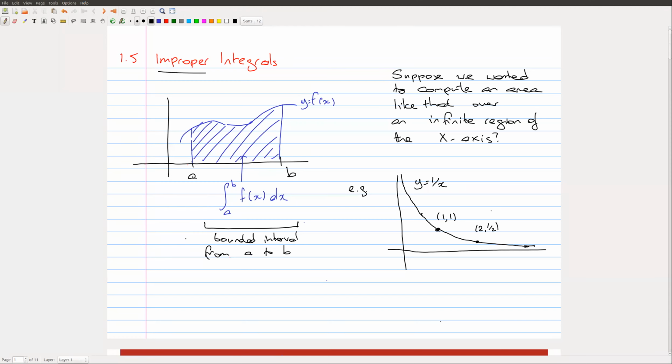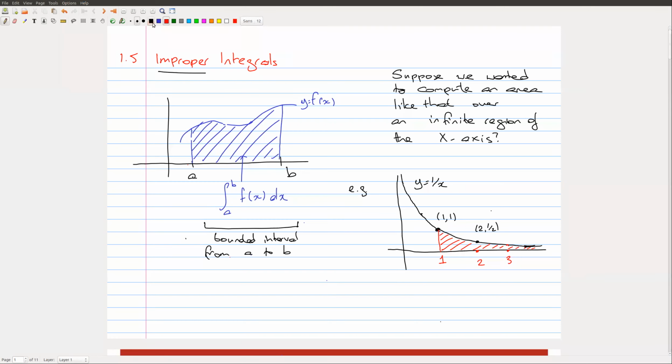And the graph gets nearer and nearer to the x-axis as we travel further out. So let's say you wanted to talk about some region like this: the region enclosed under the graph y equals 1 over x, just to the right of 1. So here's 2, here's 3, and the height of the graph at 3 is 1/3, and so on.